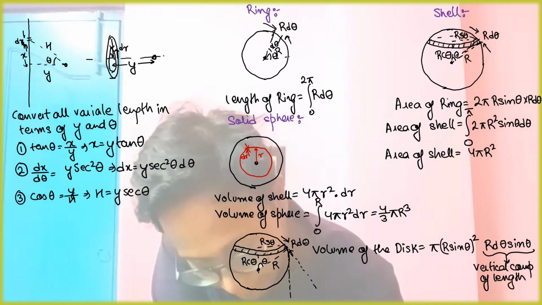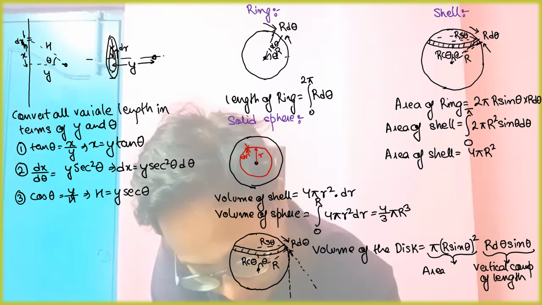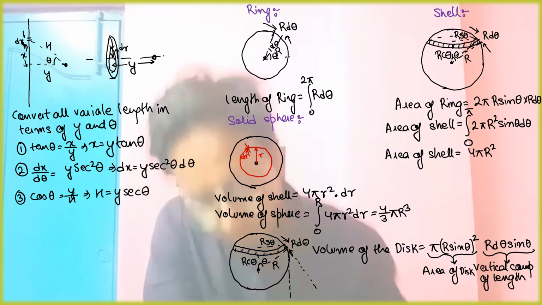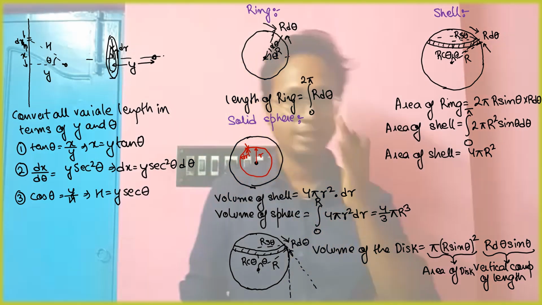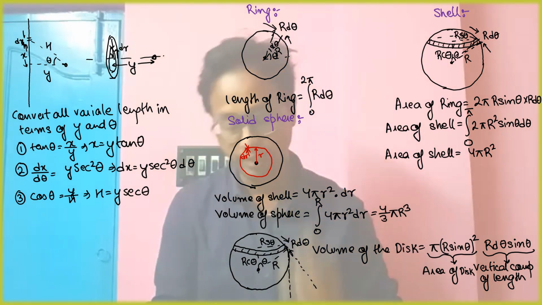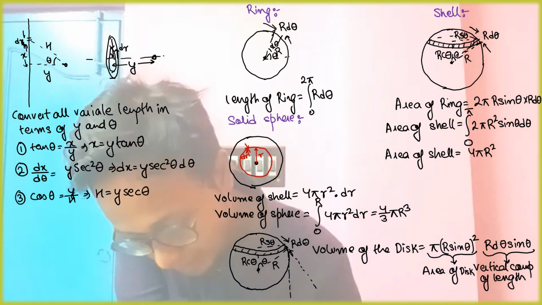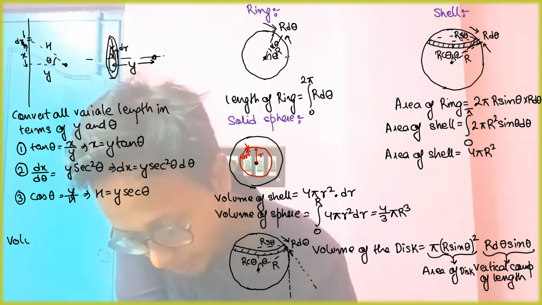This is the area of the ring. Area of disk into vertical component of length. That means the height. Height is nothing but the vertical component of length. And if I integrate this entire thing, that will give us the volume of sphere.